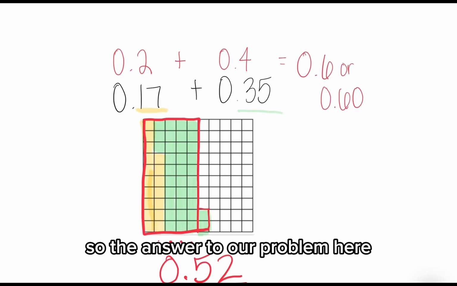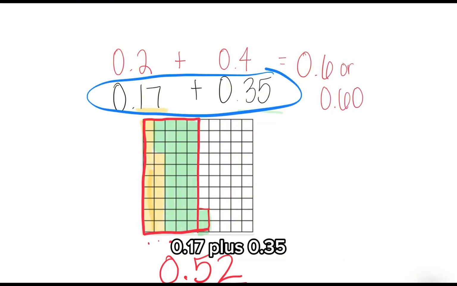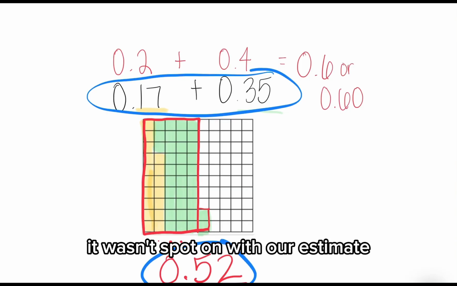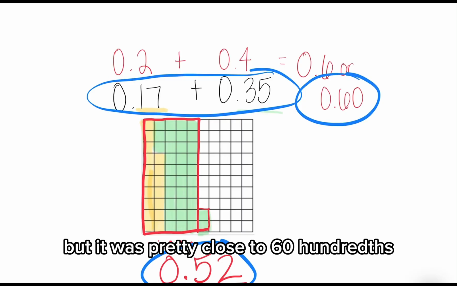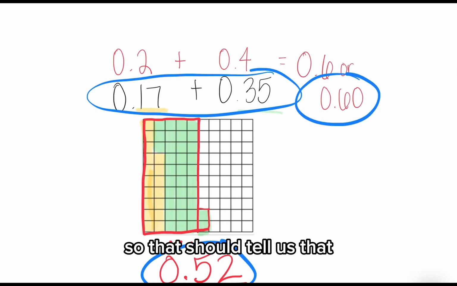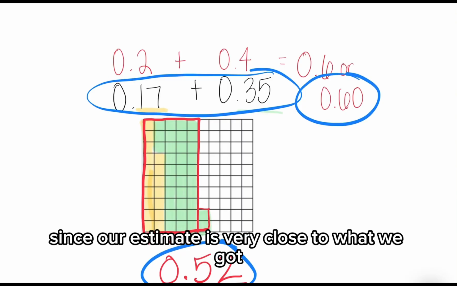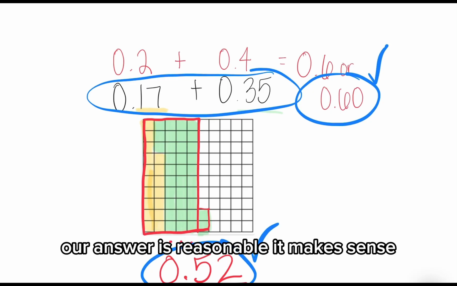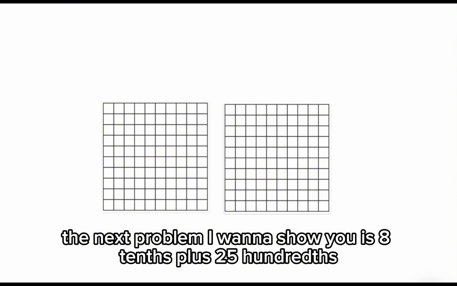So the answer to our problem here, 17 hundredths plus 35 hundredths, is 52 hundredths. It wasn't spot on with our estimate, but it was pretty close to 60 hundredths. So that should tell us that since our estimate is very close to what we got, our answer is reasonable, it makes sense. The next problem I want to show you is 8/10 plus 25 hundredths.